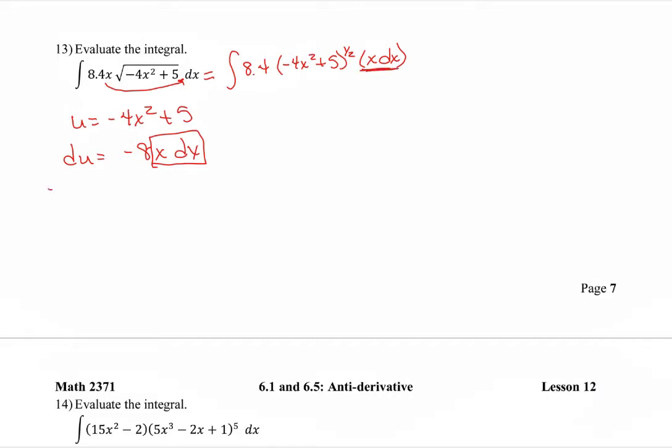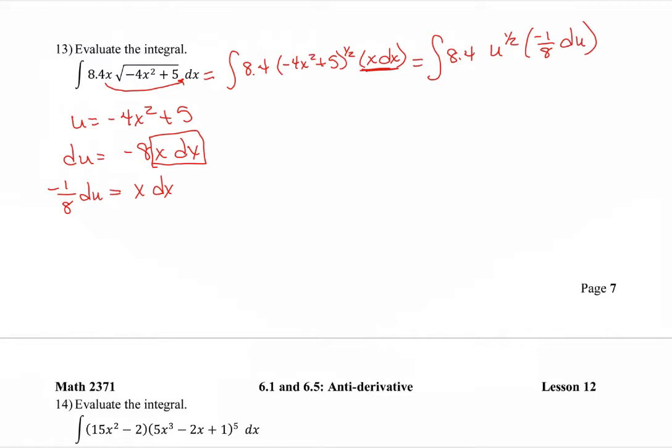So I'm going to solve for negative 1/8 du equals x dx. Okay, now I'm going to substitute. So this equals the integral of 8.4 u to the 1/2 times negative 1/8 du.